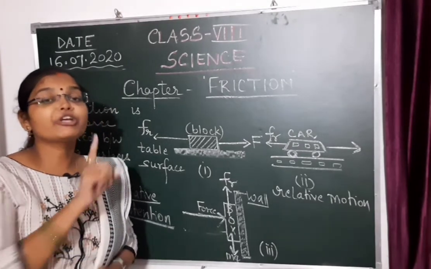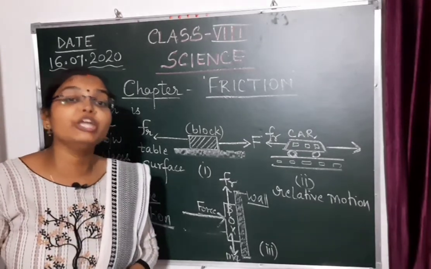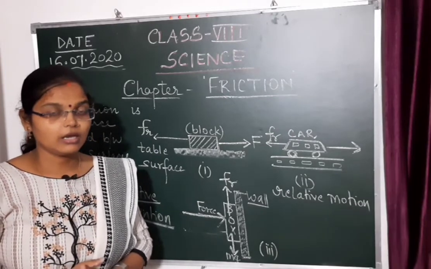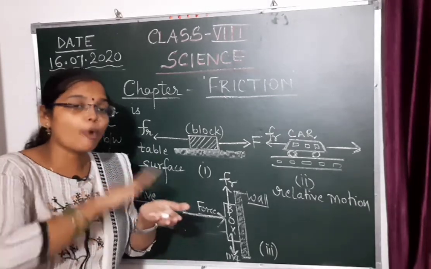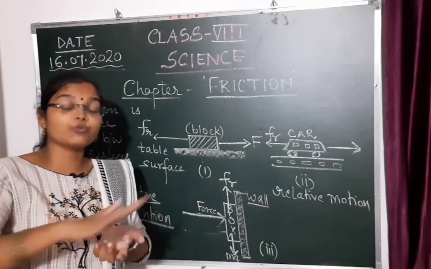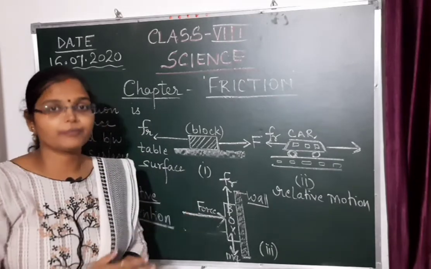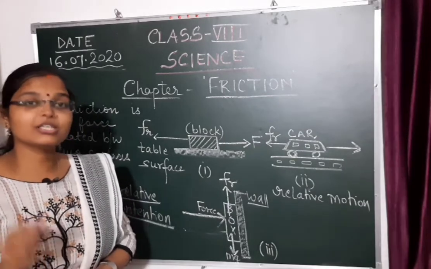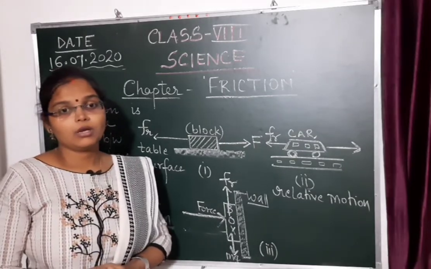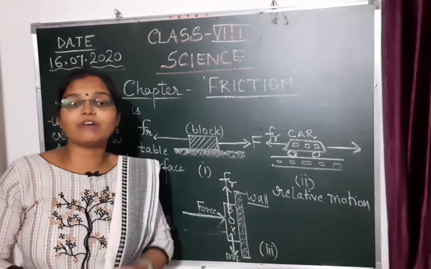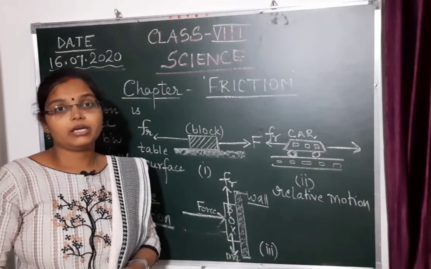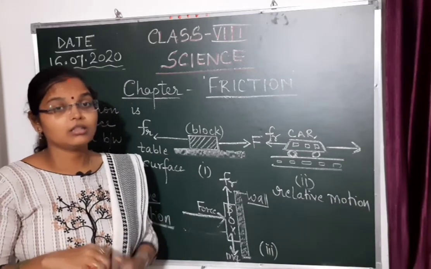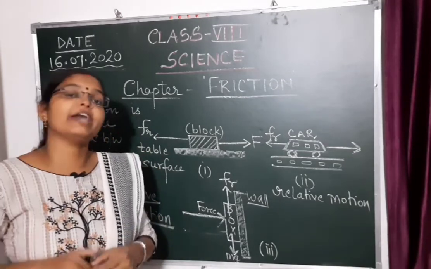And one more thing, friction can never be reduced to zero. Remember this thing. If you think that we will polish the surface and it will become over smooth, so friction will not occur, this is a wrong view. Because if we see with our naked eye, it seems to be smooth, but actually there will be some irregularities.